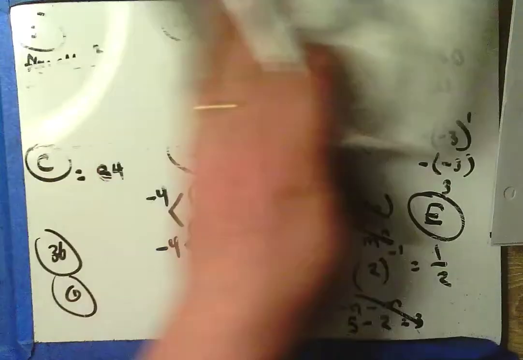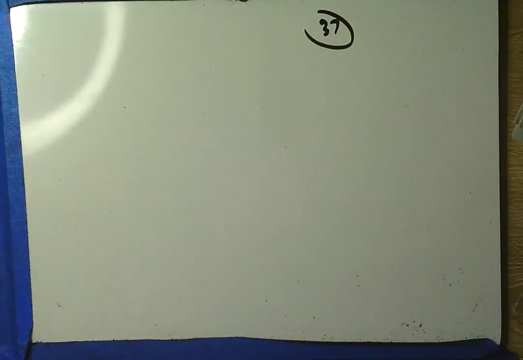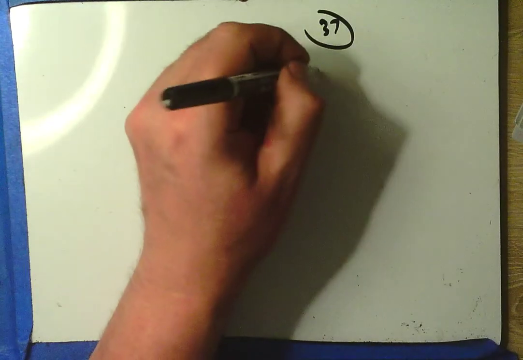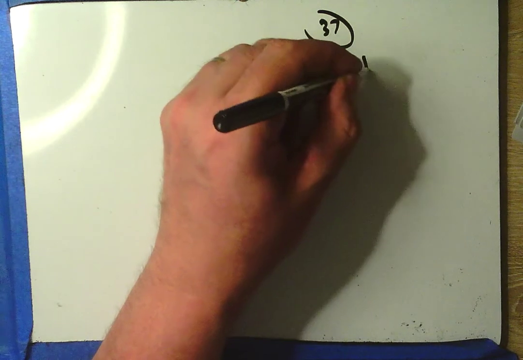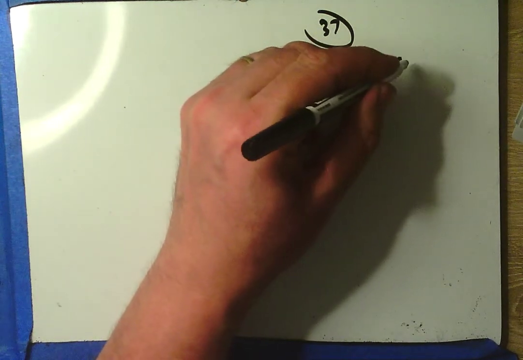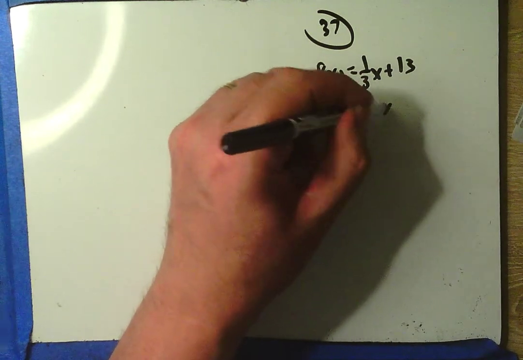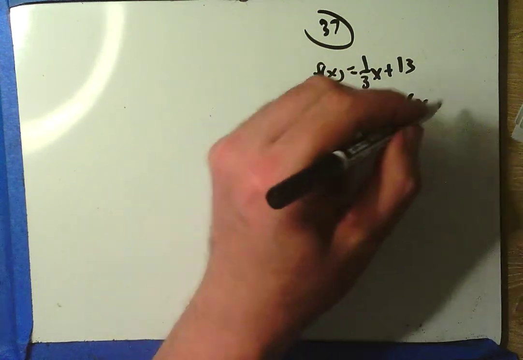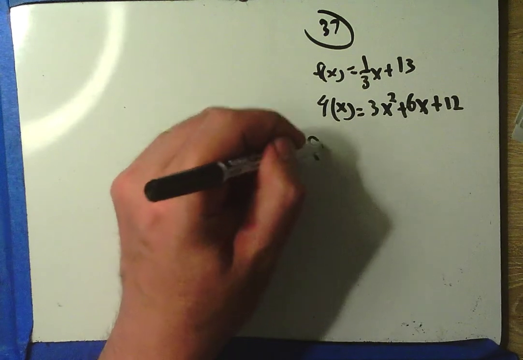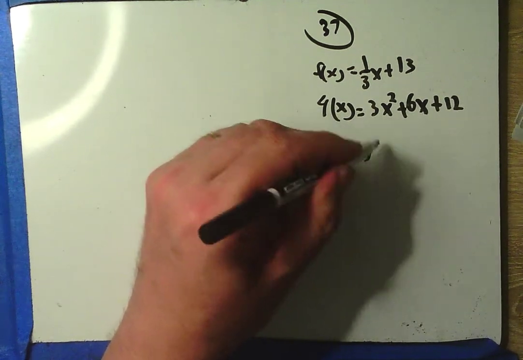Okay, 37. Let's take a look at 37. 37 says, if f of x equals 1/3 x plus 13, and g of x equals 3x squared plus 6x plus 12, what's f of g of x?